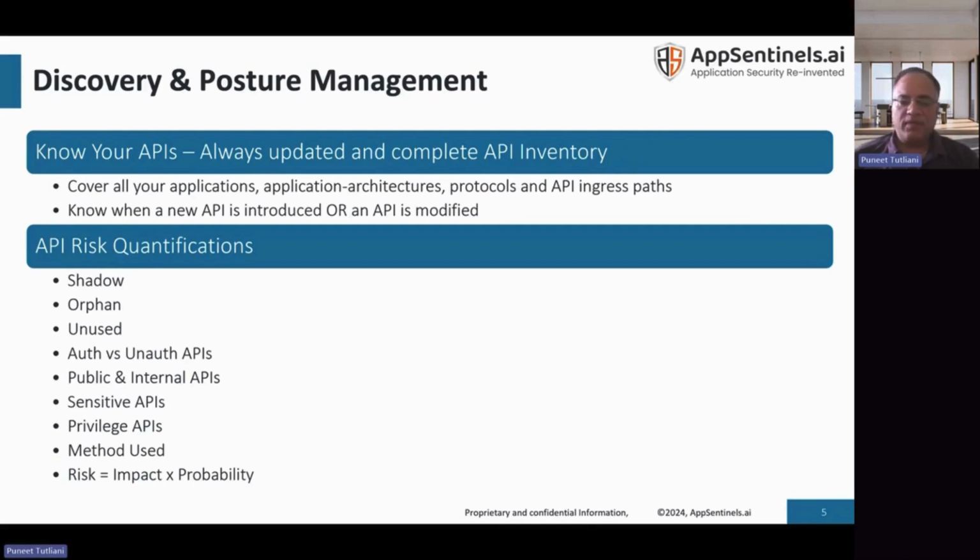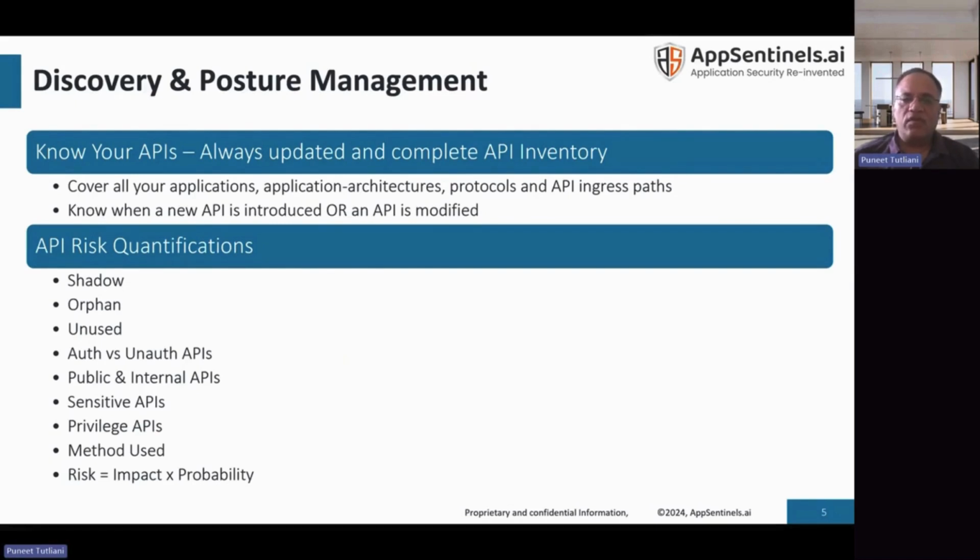In our experience, when we speak to clients, almost every single organization is struggling with this problem, because API sprawl is a very big issue. Developers and product teams keep adding new APIs without always following the right processes or checklist, and hence ensuring that there is a comprehensive view of every single API and inventory is important.